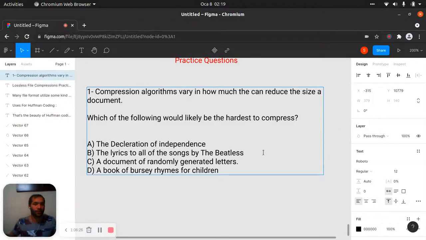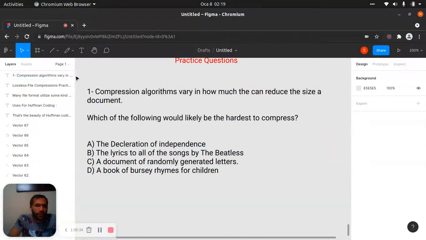Anyway, let's take our pencil and solve this. Which of the following would be the hardest to compress? This one will be easy, and this one will be easy.